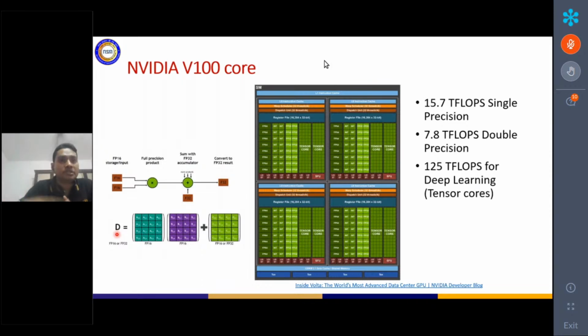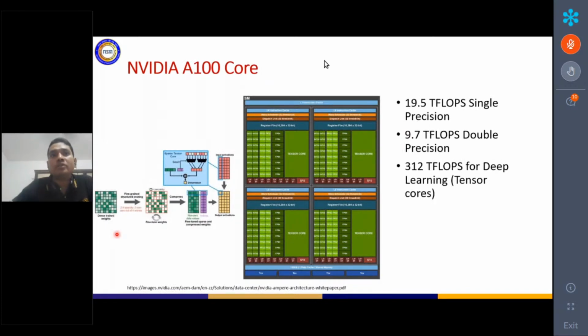Basically 16 MAC operations you are doing in one set, and that is how you can increase the throughput many fold. That is the purpose of these tensor cores that are available in modern computing engines.